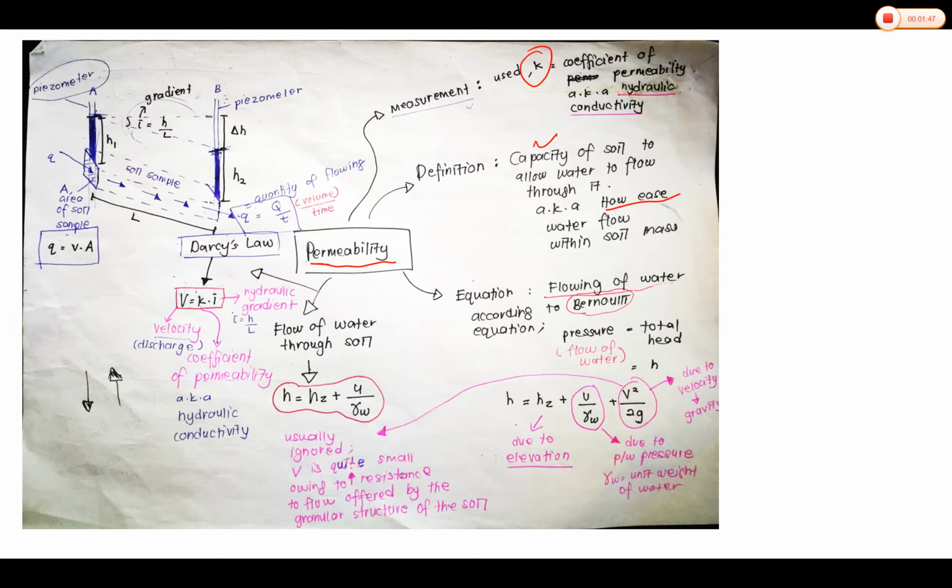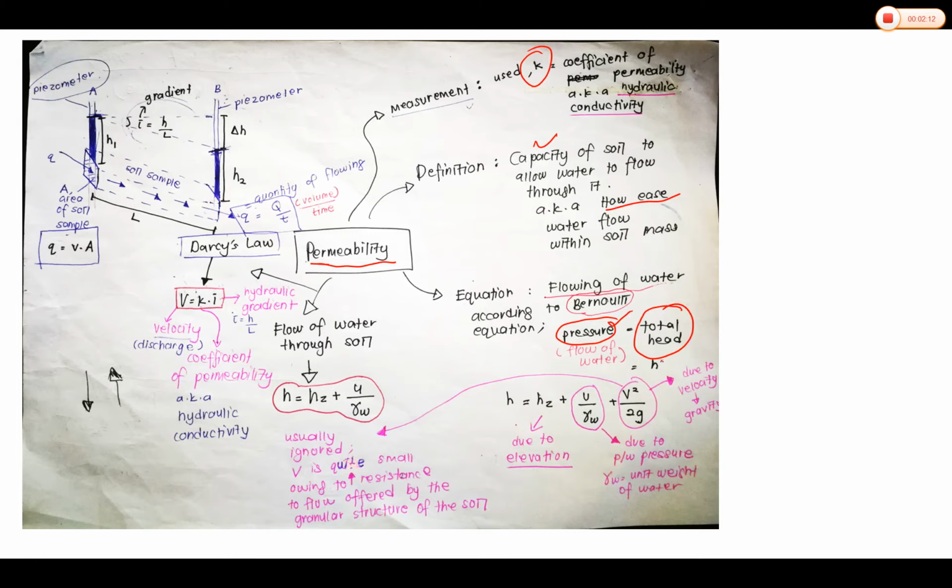So according to the Bernoulli equation, when we are dealing with the flowing of water, normally it's based on the Bernoulli equation in any kind of medium. In water flow, the term of pressure is normally used as a total head. They use the term head instead of pressure.